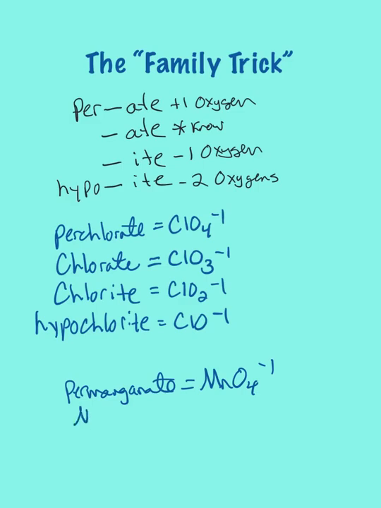So I could ask you what manganate is, and if you look, the -ate is 1 less than the per-ate. So this would be MnO3 minus 1.